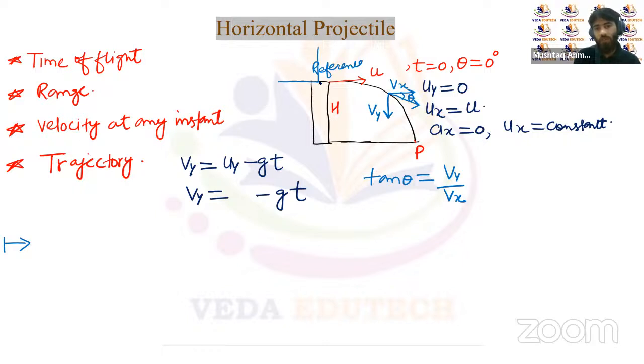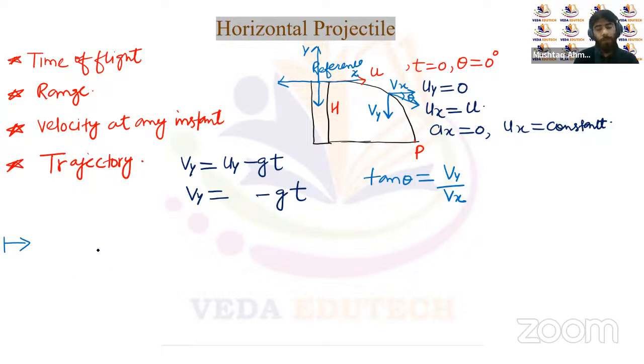With respect to this, we'll be calculating all our variables. This is our x-axis, this is our y-axis. It means the distance measured below the x-axis will be taken as negative, and the distance measured above will be taken as positive. The right-hand side will be taken as positive, and the left-hand side will be taken as negative.